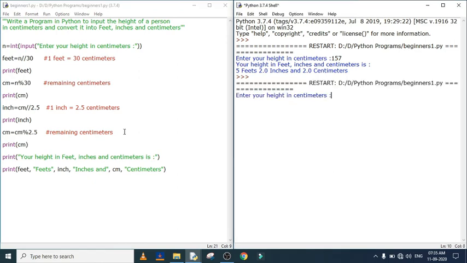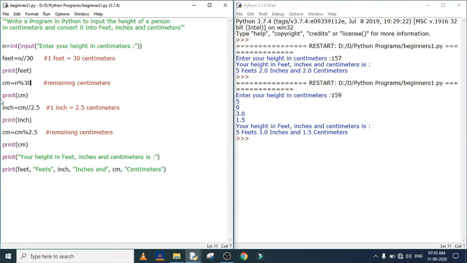Next value 159. Look here. First value, floor divided by 30 is 5, because 159 divided by 30 and we need only the quotient, so the value is 5. Cm equals n mod 30, the remaining centimeters. When 150 is used, the remaining are 9.